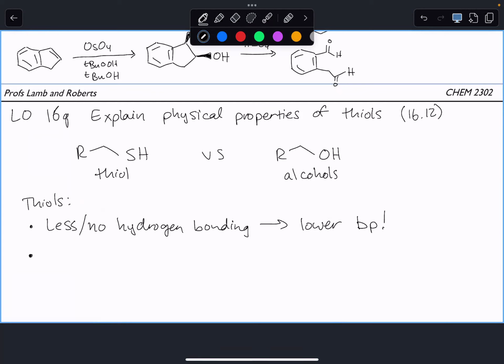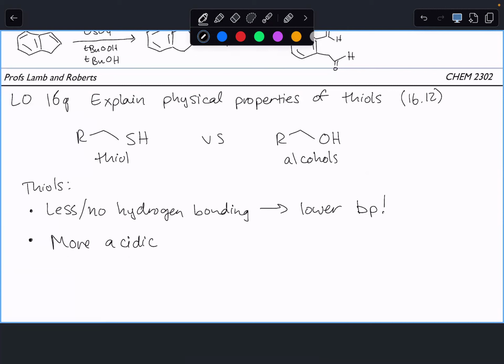That hydrogen on the SH, on that thiol, is also more acidic than an alcohol. So for example, ethane thiol versus ethanol. Ethane thiol is what they add to natural gas to make it smell like rotten eggs.